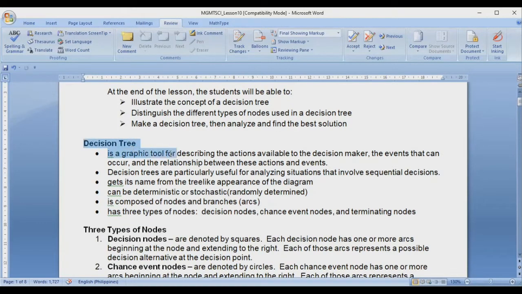It is a graphic tool for describing the actions available to the decision maker, the events that can occur, and the relationship between these actions and events. So this decision tree is being used by businessmen or people who are inclined in the business industry.